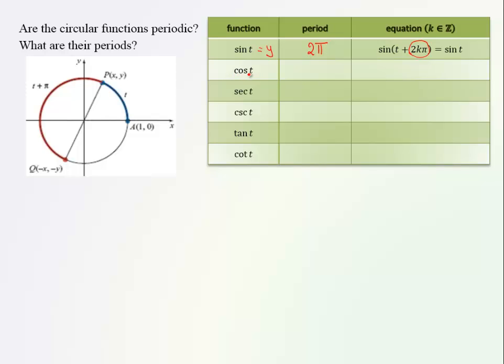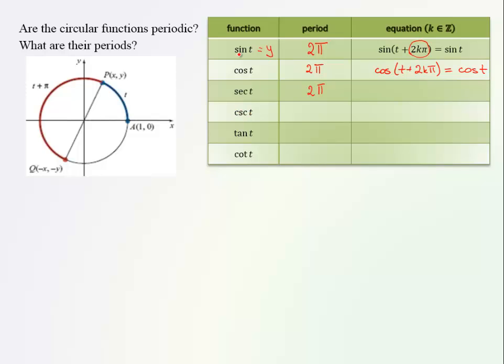Similarly for cosine t, when we look at the x-coordinate, then this value will repeat itself after the full rotation of 2 pi. So the period is 2 pi, and we can record that cosine of t plus any 2k pi will have the same value as the original cosine of t. Now, secant and cosecant are related to sine and cosine. Secant is the reciprocal of cosine, therefore its period will be the same. So it's also 2 pi.